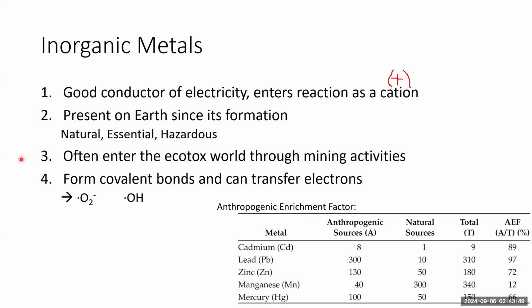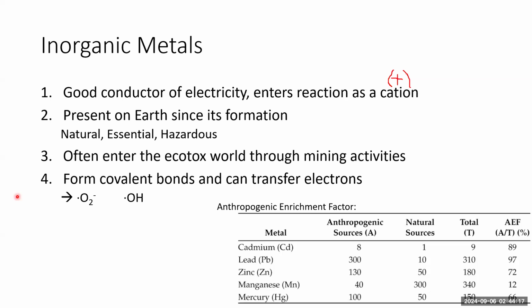There are some natural ways that metals can interact with organisms on the surface, through landslides, floods, hurricanes, wildfires, etc. So there are other ways, but in a tox sense, mostly it's through mining activities. One of the things that metals do most often is they form covalent bonds with compounds, and they transfer electrons.